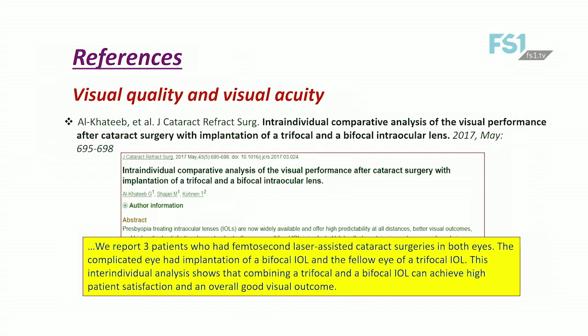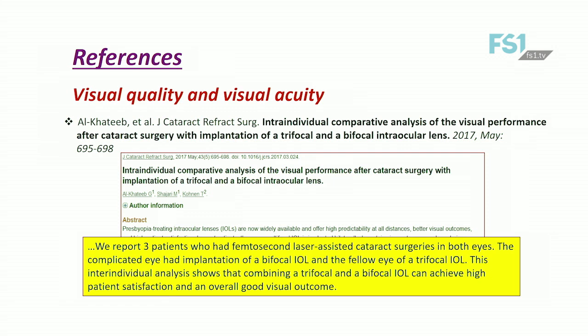Al-Khatib reported 3 patients who had femtosecond laser assisted cataract surgeries in both eyes, and the first eye had implantation of a bifocal IOL and the fellow eye of a trifocal IOL, and this intra-individual analysis shows that combining a trifocal and bifocal IOL can achieve high patient satisfaction and an overall good visual outcome.